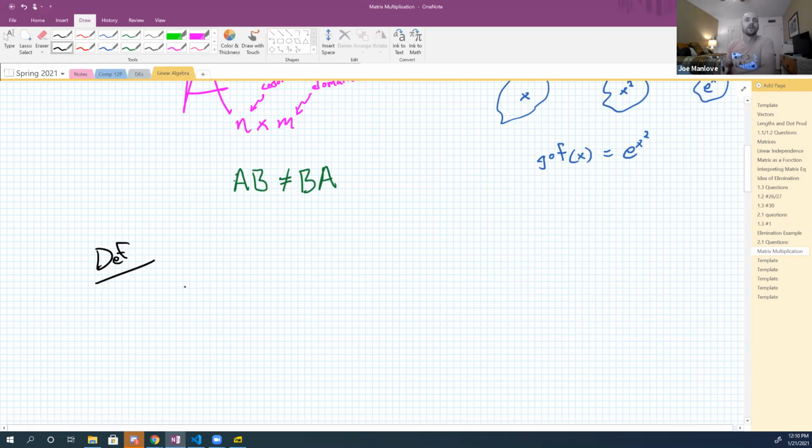I'm going to take a matrix A and multiply it by a matrix B. I'm going to think about the matrix B as a set of columns that I'm going to call B1 through Bn. You guys good with this? Questions, concerns, things?